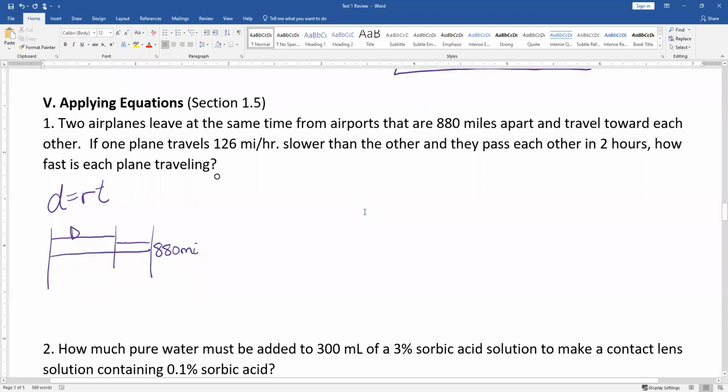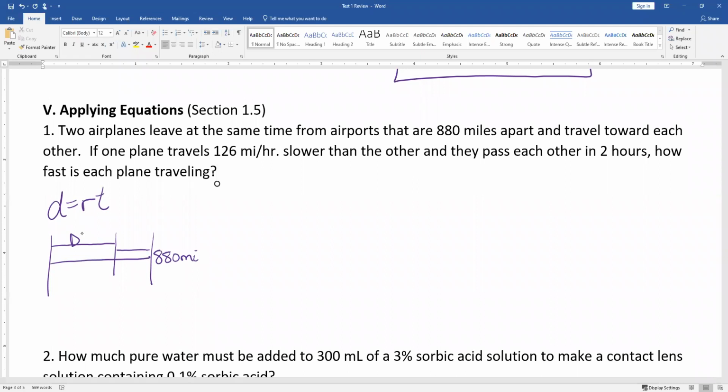All right, so this is distance 1. Going this way, and this one is distance 2. So the distance for the 2 planes is not the same because one's going faster than the other, but they're traveling in the same amount of time.